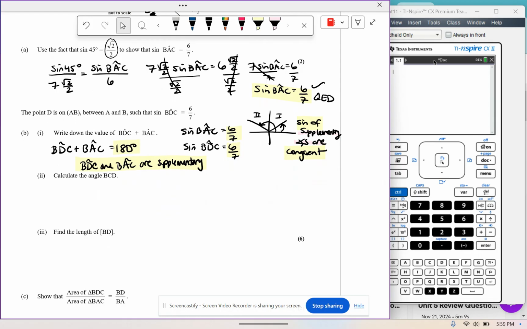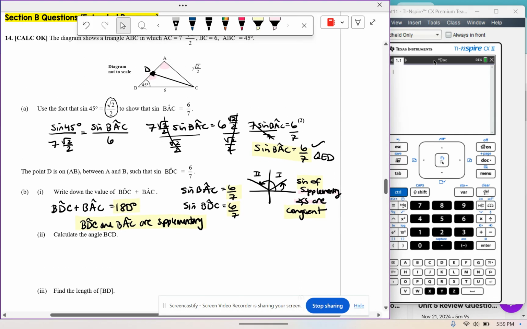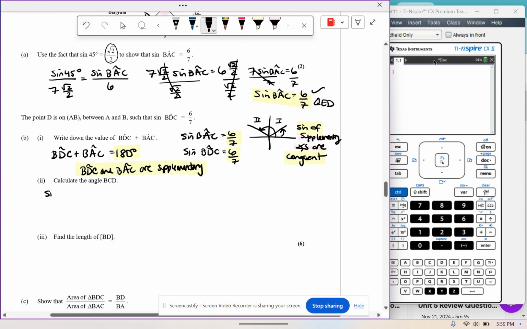It says calculate the angle BDC. Oh, now we have to calculate it. We're looking at BDC right now. So we know that the sine of BAC is equal to 6 over 7. So if I inverse sine both sides, I'm going to get the measure of angle BAC.